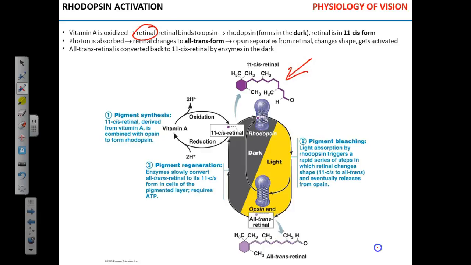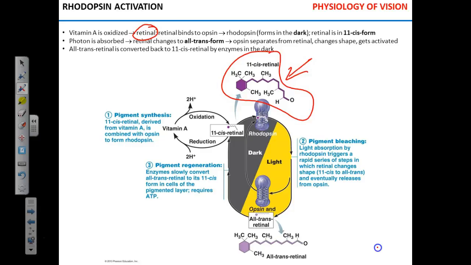Retinol is a huge organic molecule, as you can see from the picture. It's in a certain conformation, which is called 11-cis retinol. 11-cis refers to the conformation of one of the double bonds, if you're curious to know. So 11-cis retinol is bound to opsin, and this binding happens in the dark.